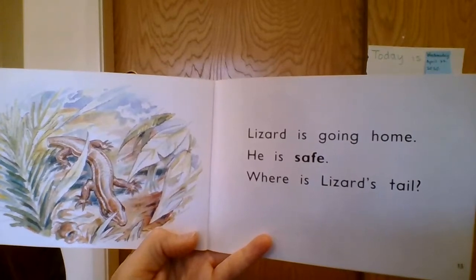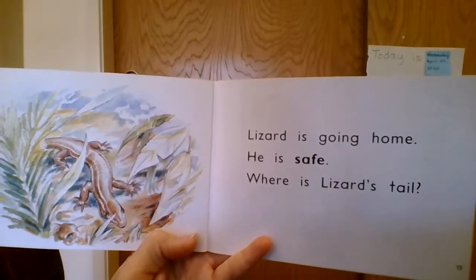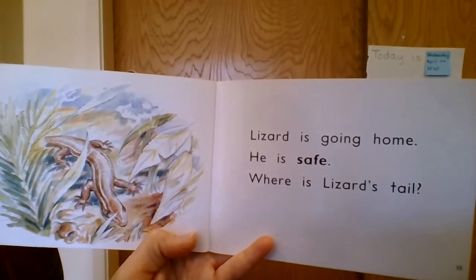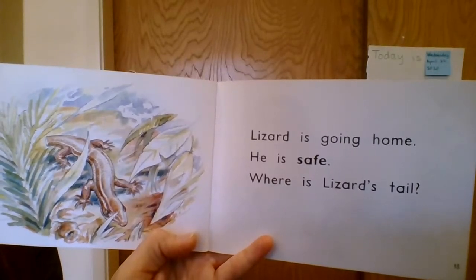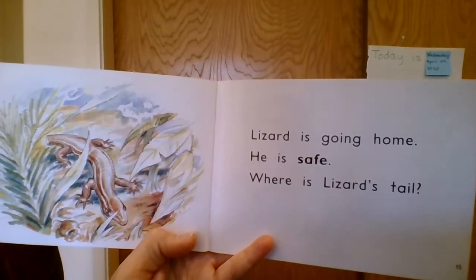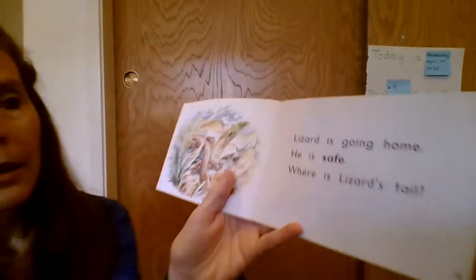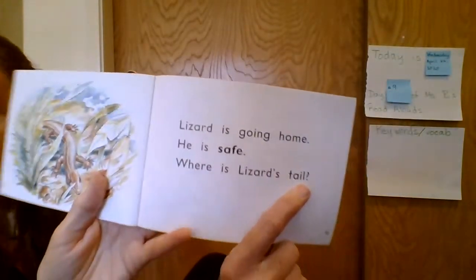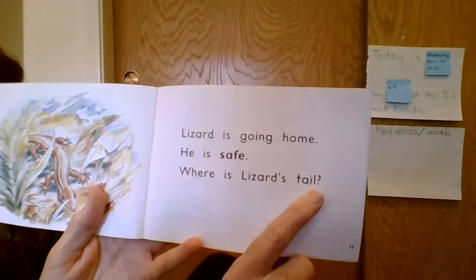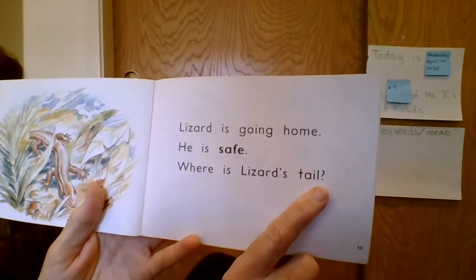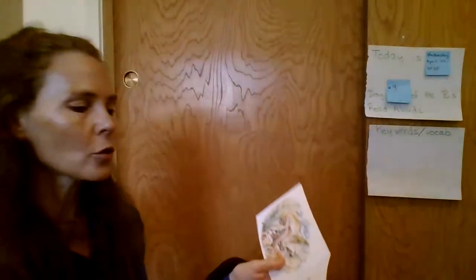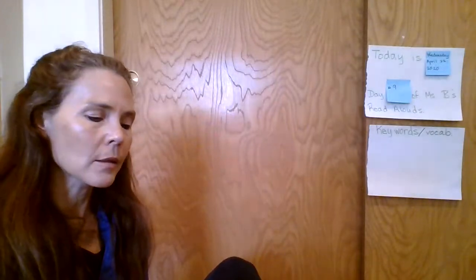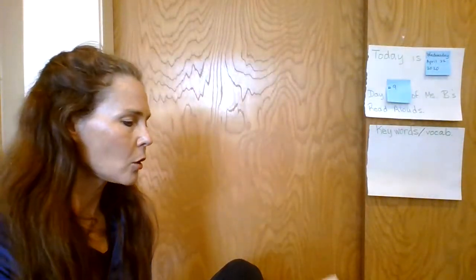Lizard is going home. He is safe. Where is Lizard's tail? In level D, we start to introduce the question mark. In your writing, you should be writing sentences that end with a question mark too.